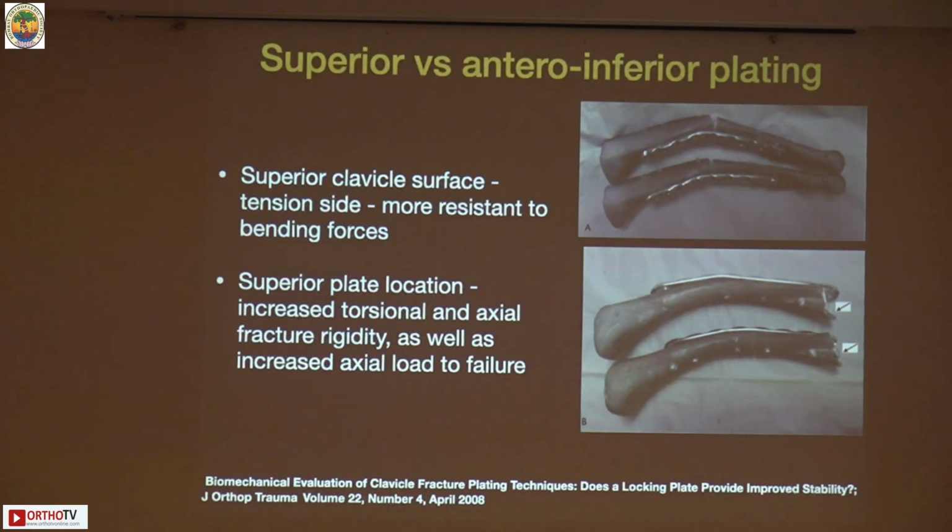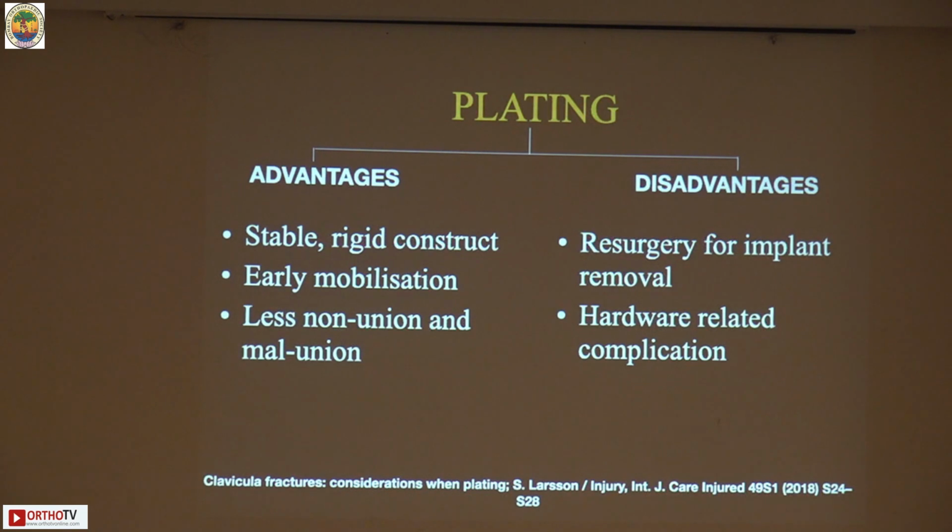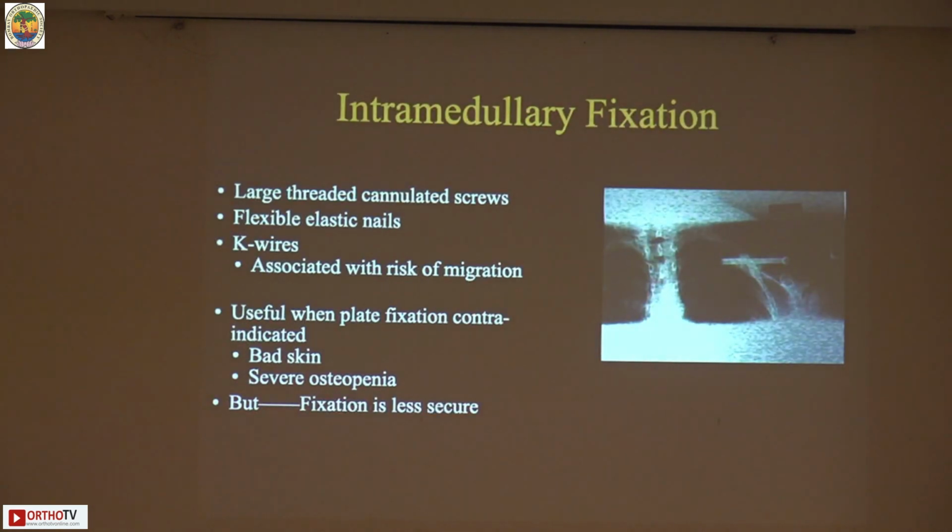So the superior plate shows more rigidity to increased torsional and axial forces. Bicortical screw constructs have better rotational stiffness than unicortical. When plating is done, they are stable, rigid constructs, early mobilization is possible, with less non-union and malunion, but re-surgery is required for removal of the implant, or there may be hardware-related complications or problems.